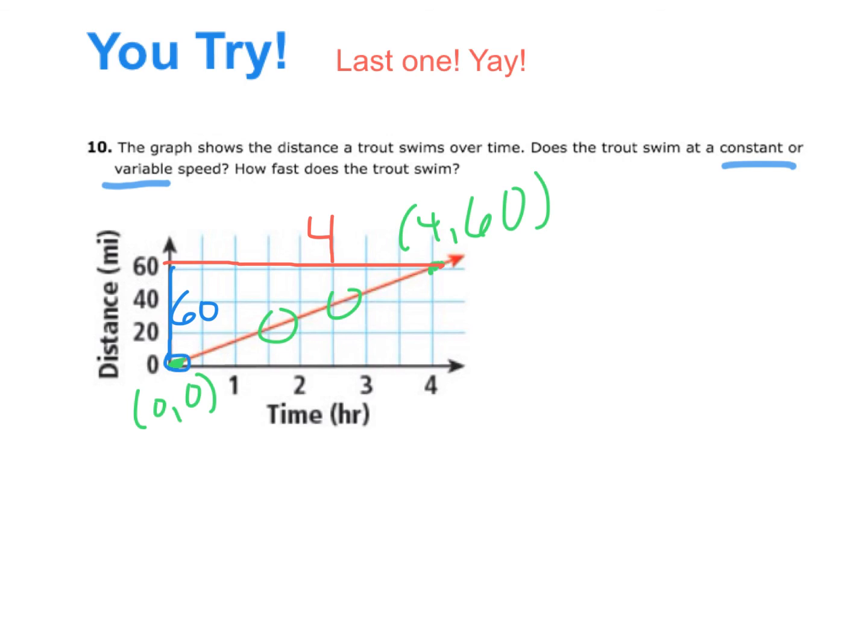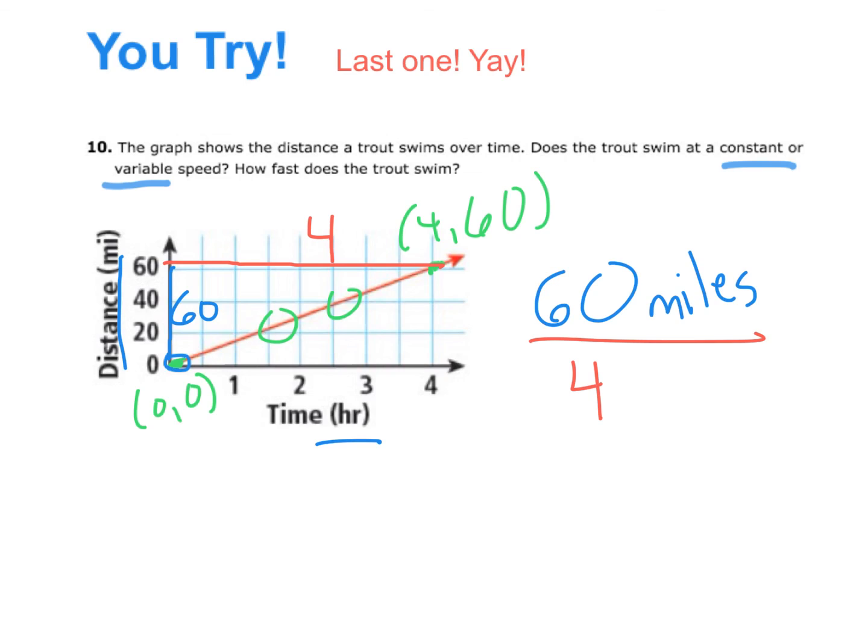So I can write it over here. My rise was 60 what? 60 miles. And my run was 4 hours. So that's my slope, but it can be simplified.